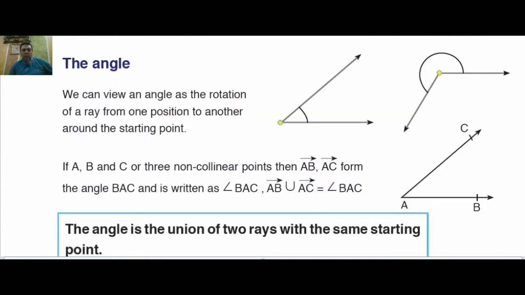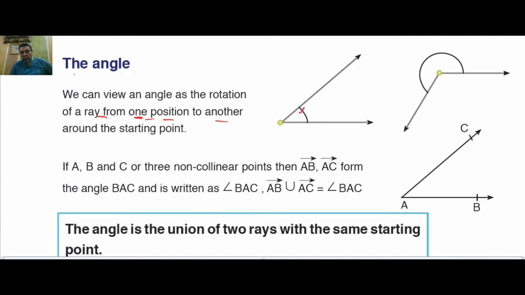The fourth definition is the angle. What's the meaning of the angle? We can view an angle as the rotation of a ray from a point, from one position to another.